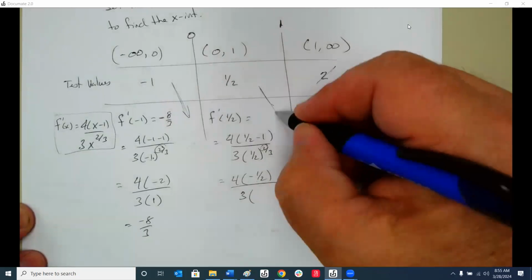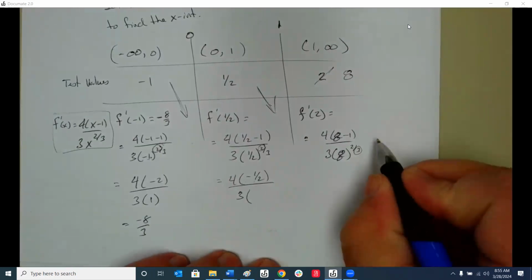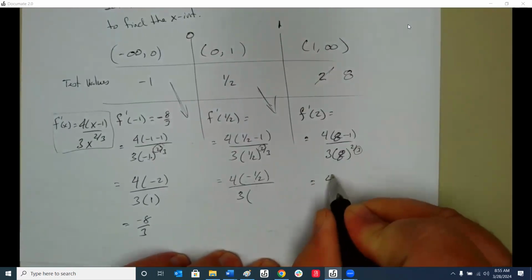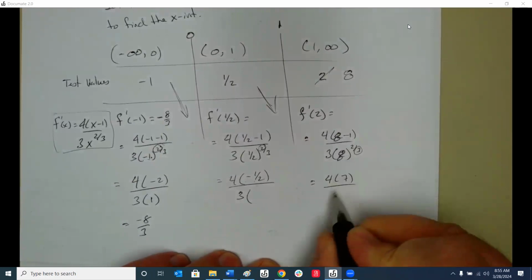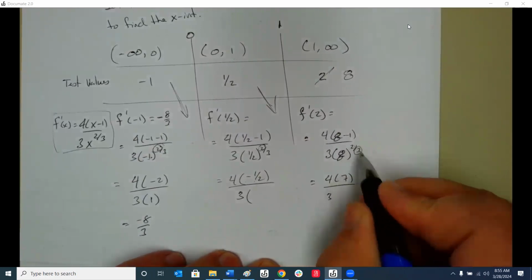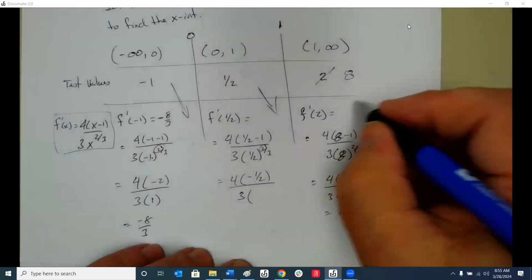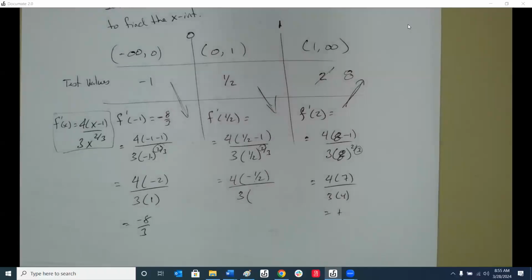So here it's decreasing also. Then 4 times 7, the cube root of 8 is 2, 2 squared is 4. All of those are positive. So at this part, it goes up.